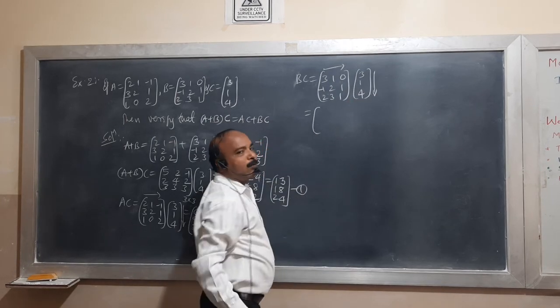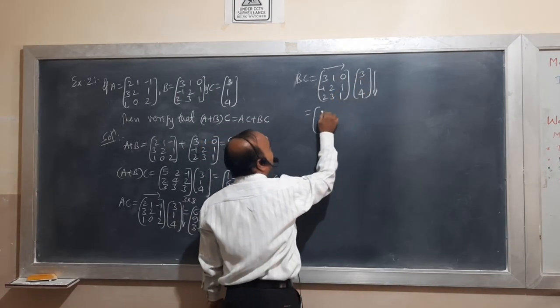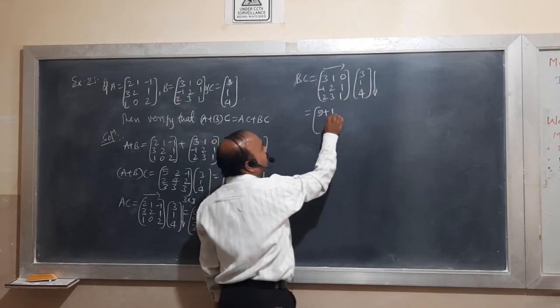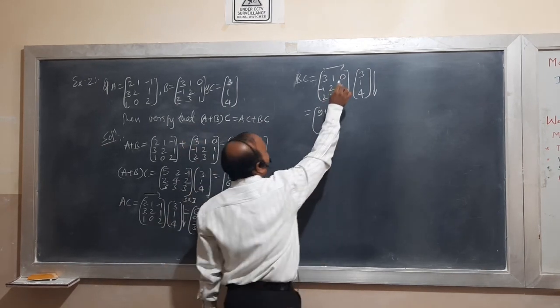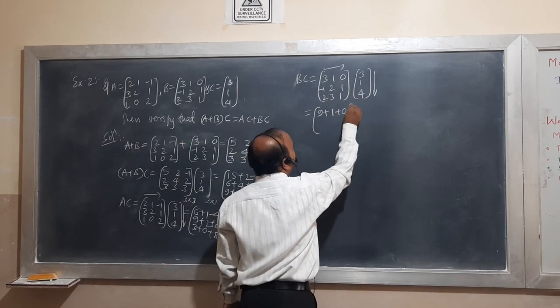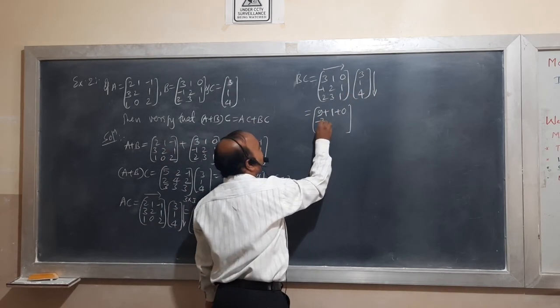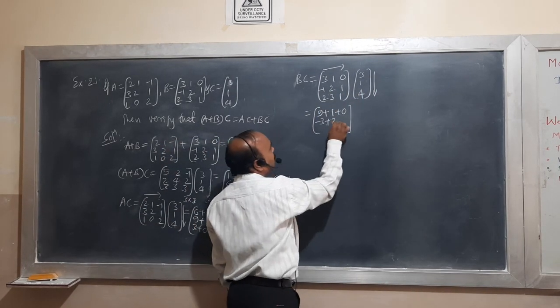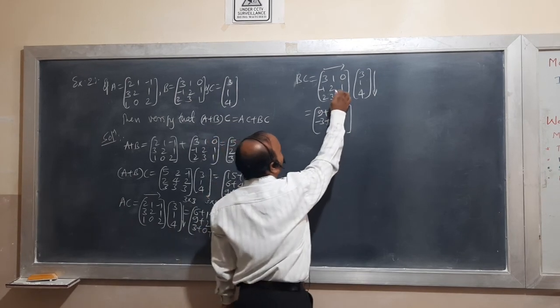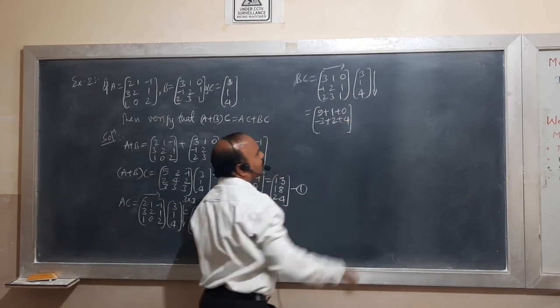First row with this column, 3 into 3 is 9, plus 1 into 1 is 1, plus 0 into 4 is 0. Next, minus 1 into 3 is minus 3, plus 2 into 1 is 2, plus 1 into 4 is 4.